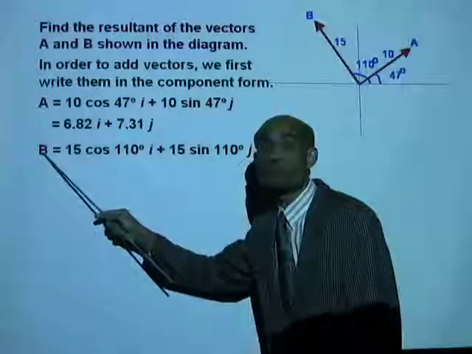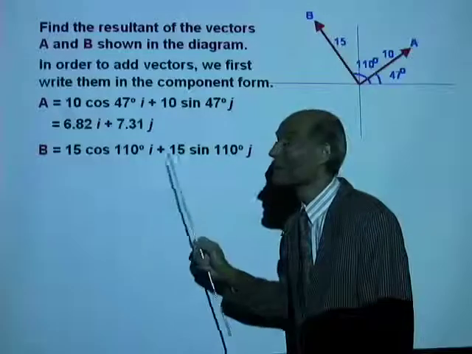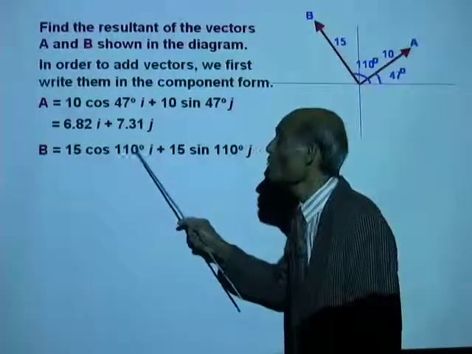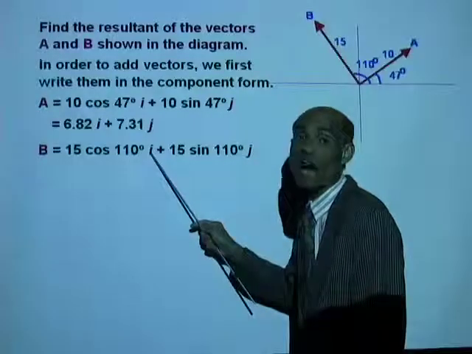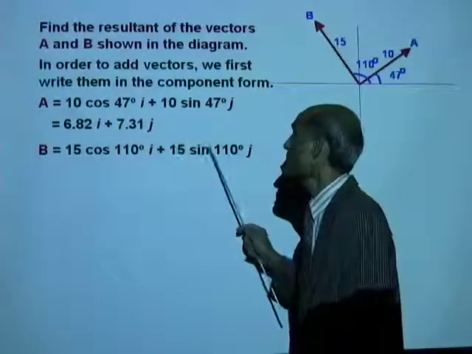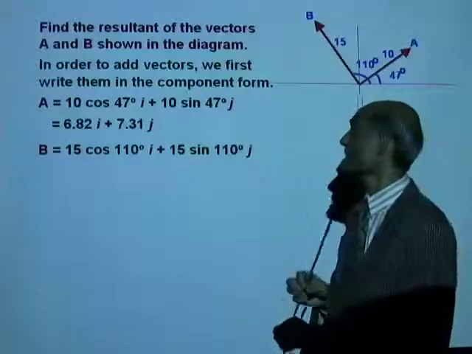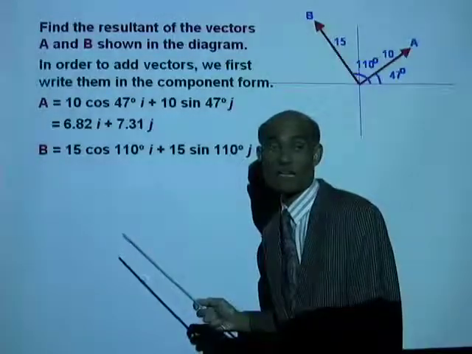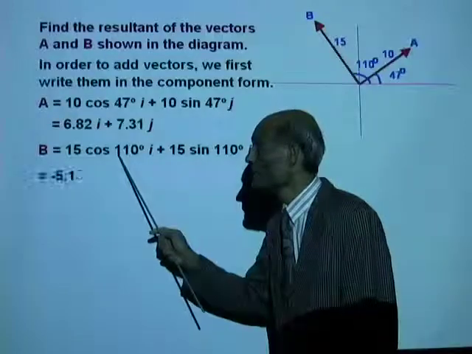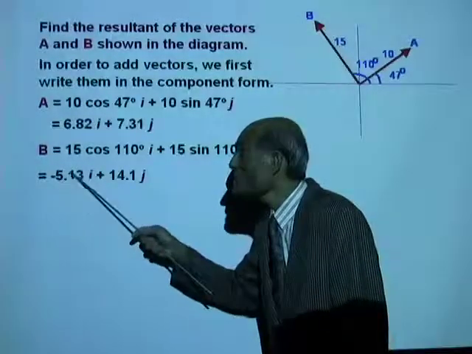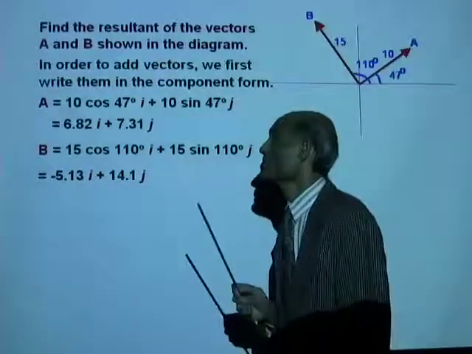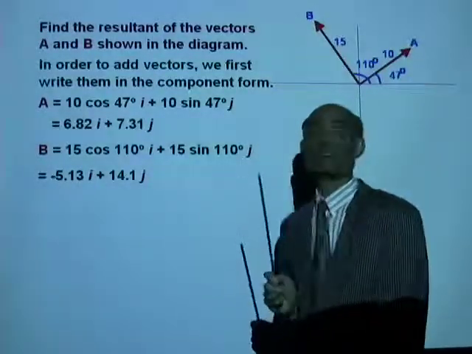Therefore, vector B in the component form is B equal to 15 cos 110 degrees i plus 15 sine 110 degrees j. And use your calculator, find the value here. That will be negative 5.13i plus 14.1j.